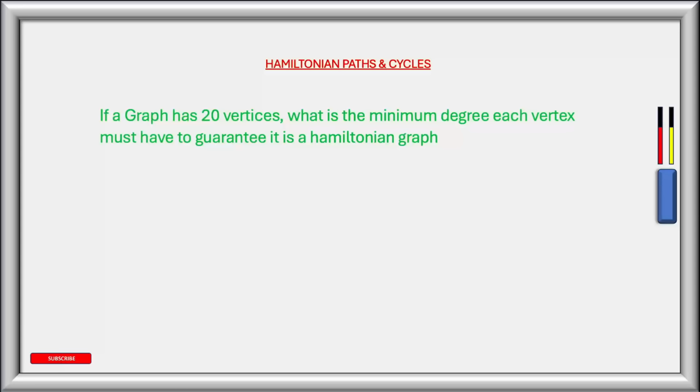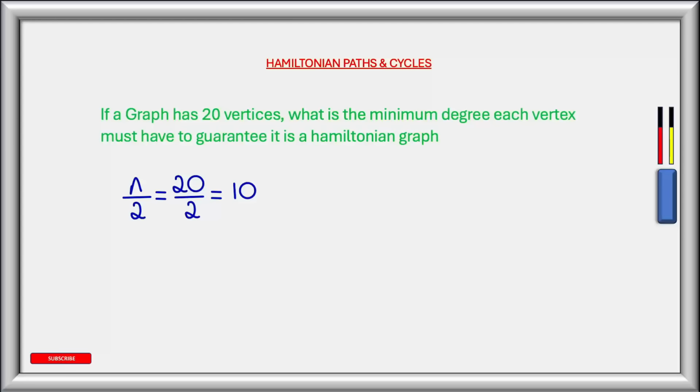So in this first challenge, we're asked, if a graph has 20 vertices, what is the minimum degree each vertex must have to guarantee it's a Hamiltonian graph? If you'd like to play along, pause the video now. So according to Dirac's theorem, in a graph with n vertices, where n is greater than or equal to 3, if every single vertex has a degree of at least n divided by 2, then the graph is guaranteed to be a Hamiltonian graph.